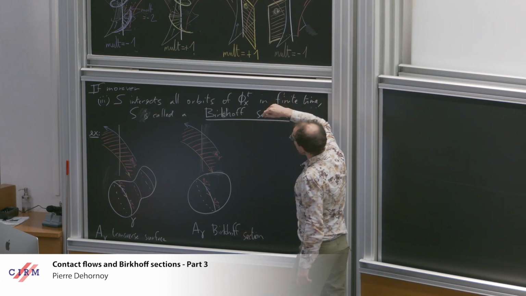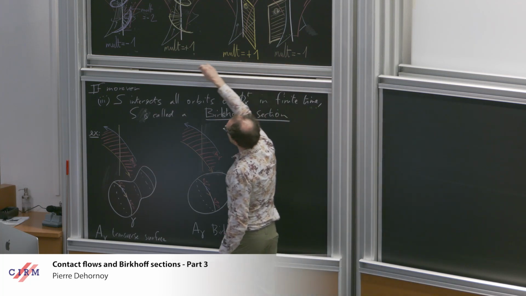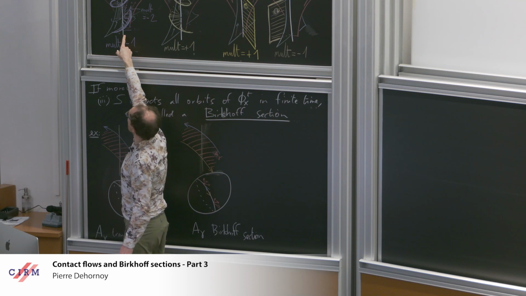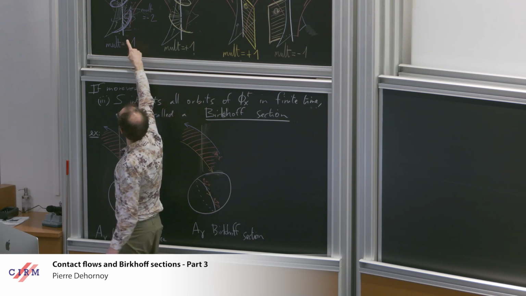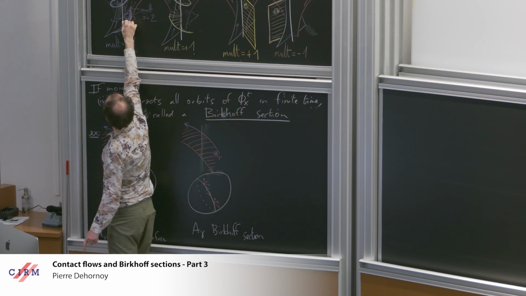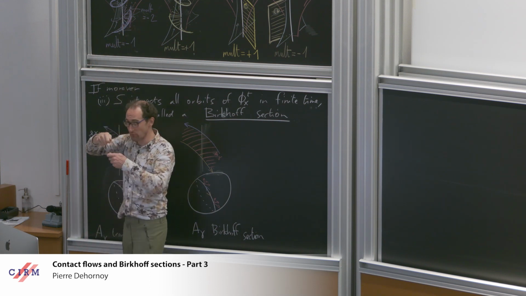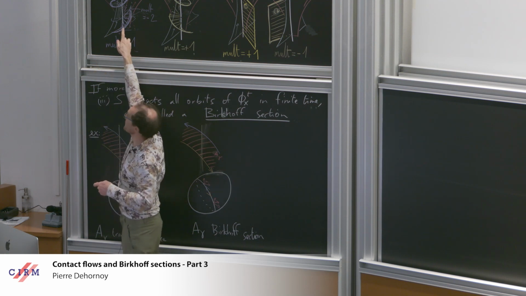So, just to comment that here, you see that around the boundary component, the first return time on the surface is bounded, because basically the first return time is the time you need to go from one stage to the next stage of your helicoid.